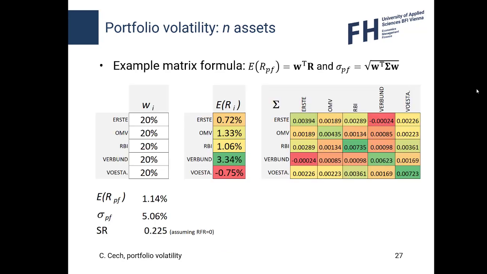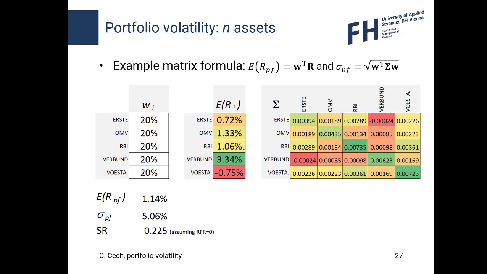What you see here is a screenshot of my Excel sheet that contains all the relevant information that we need in order to calculate the expected return and the portfolio volatility. So here we have the vector W containing the weights. It's an equally weighted portfolio, so the weights are 20% for each of the constituents.